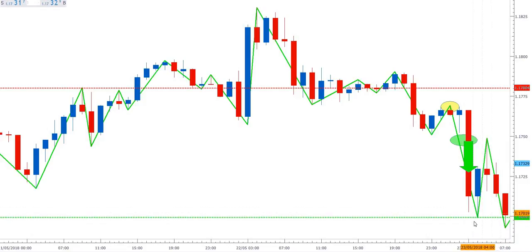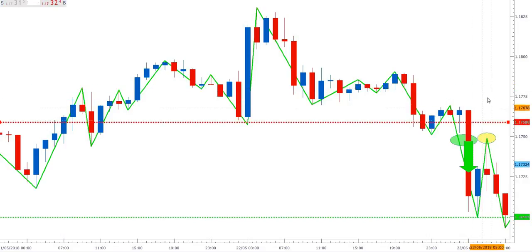It breaks our previous low. So now we look at where our previous high was, measure 10 pips above it, which is about there somewhere, and we just keep going.